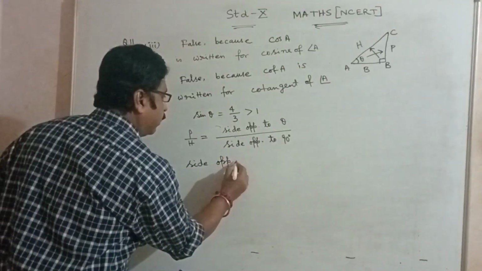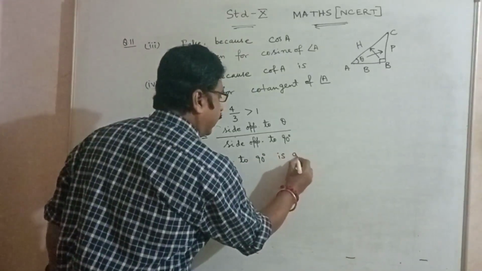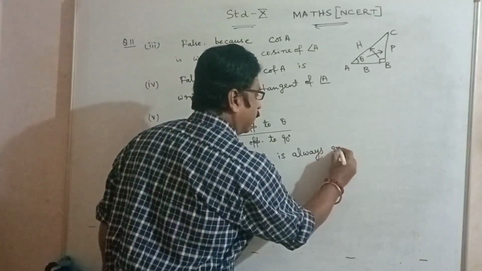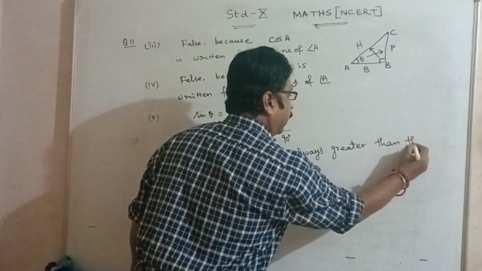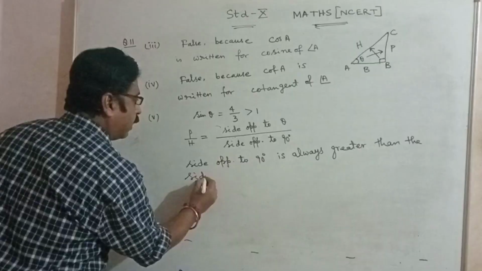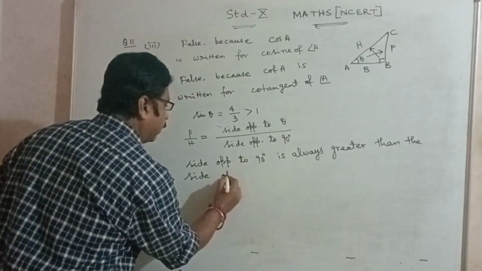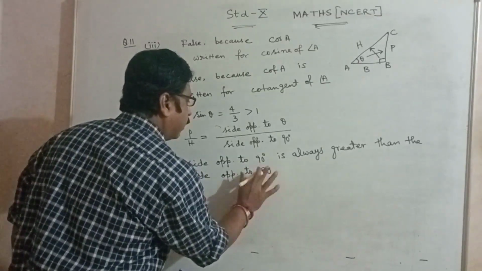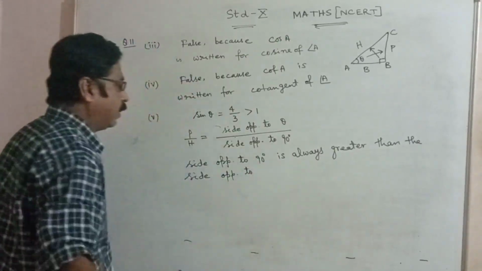Side opposite to 90 degree is always greater than the side opposite to theta.